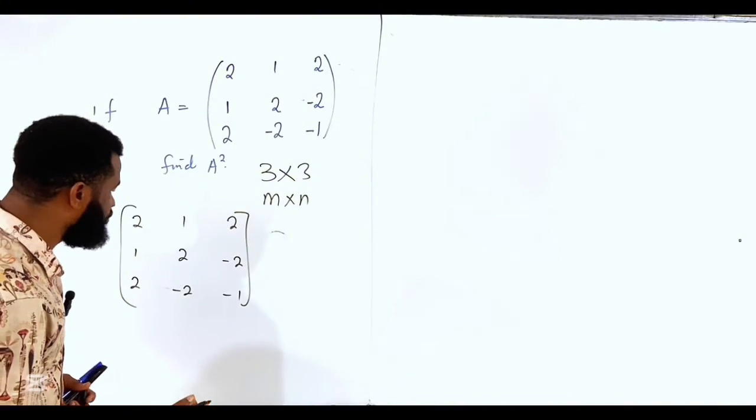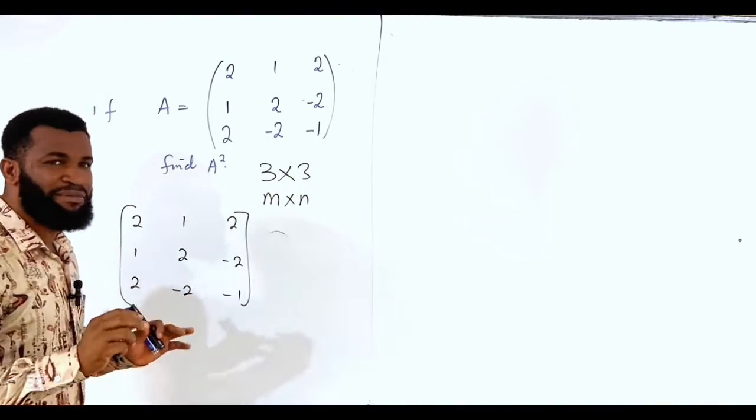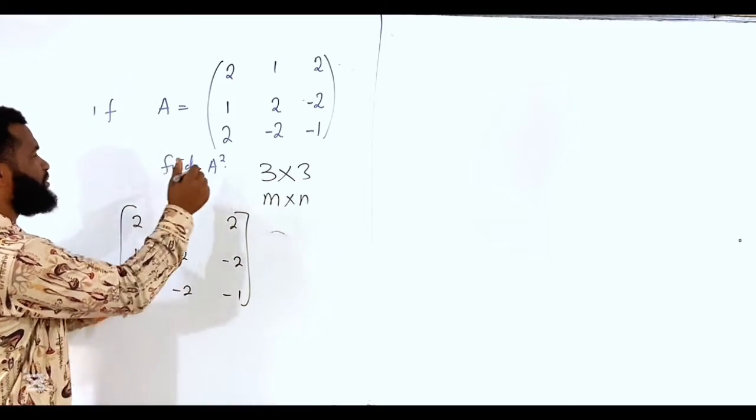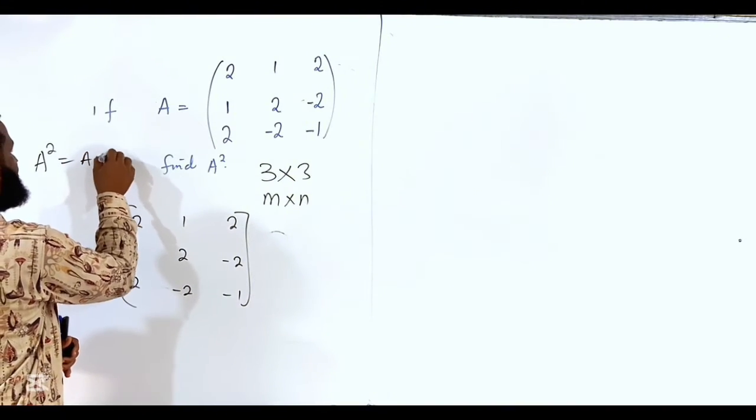All right, so how do we multiply it? I am going to show you a pattern. Remember, mathematics is all about pattern. Look at this, this is the first one. Multiply, because a square is a times a.